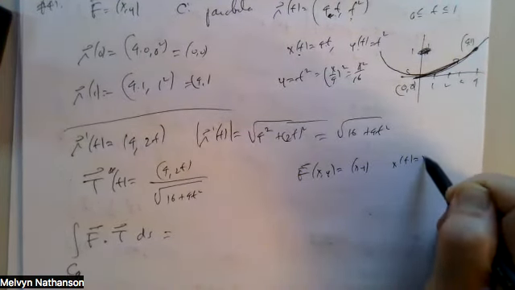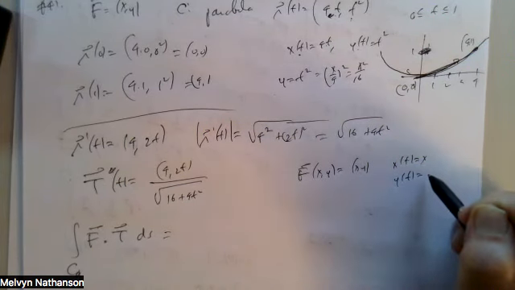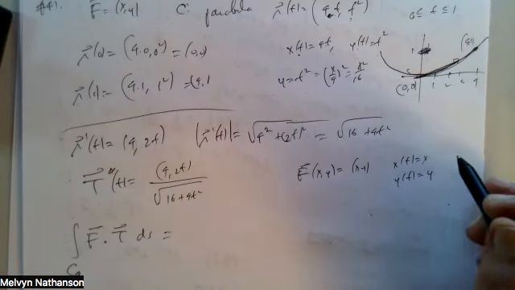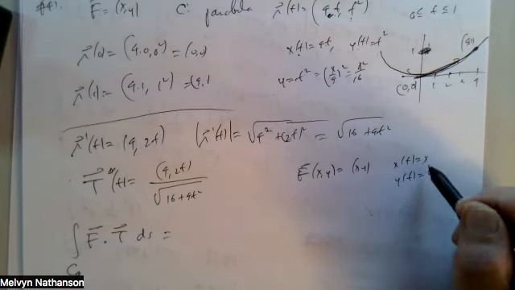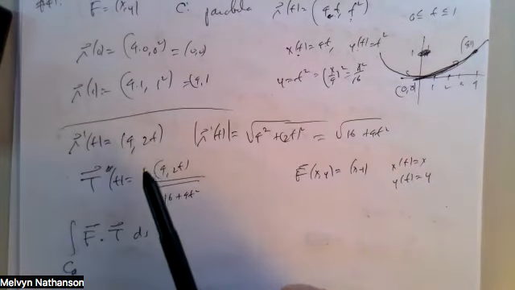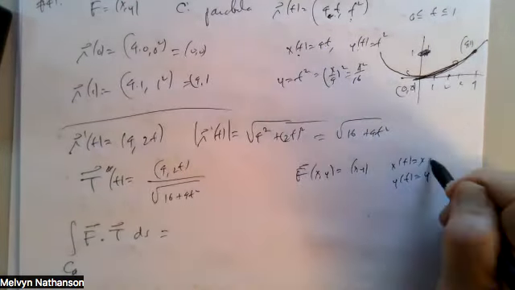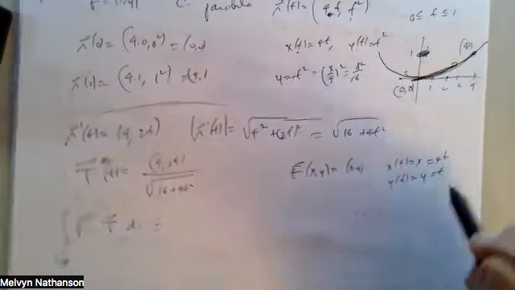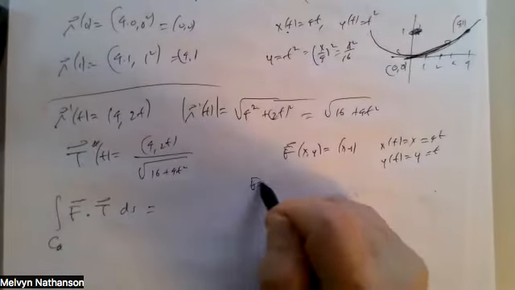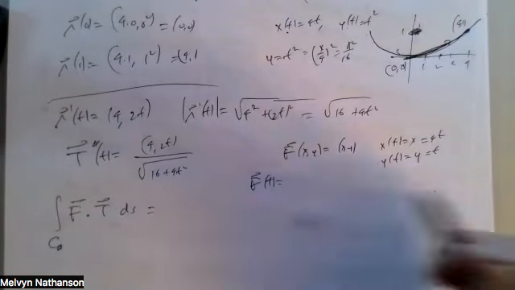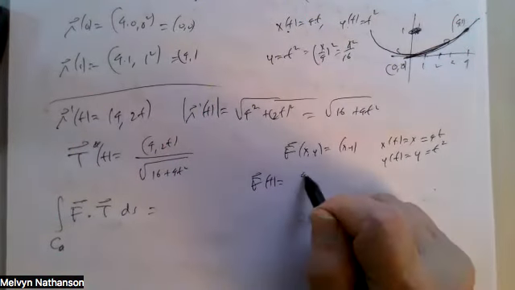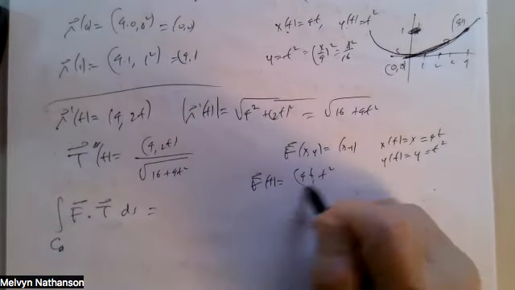So x of t is x, y of t is y. x is equal to 4t. y is equal to t squared. So my function f as a function of t is 4t, t squared.